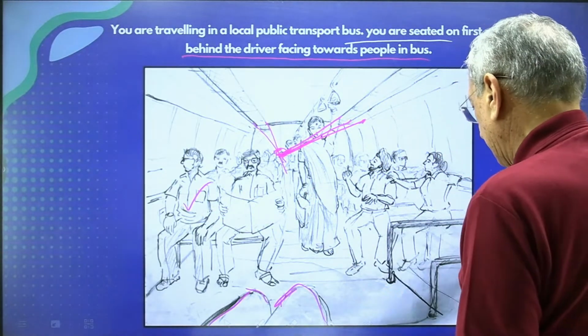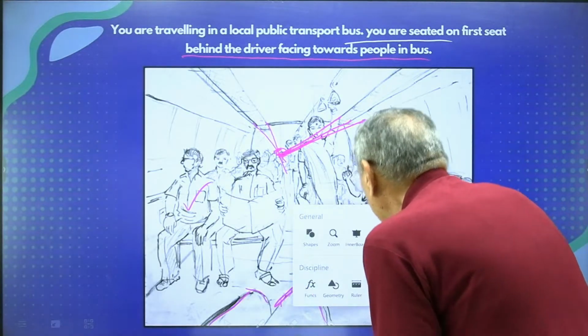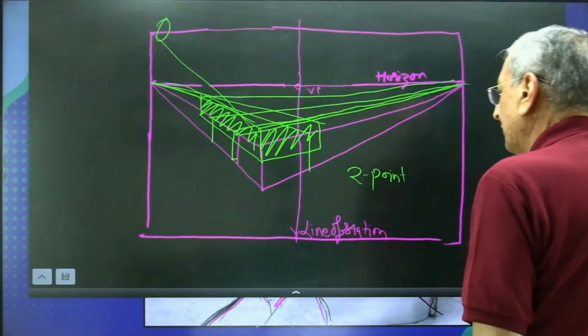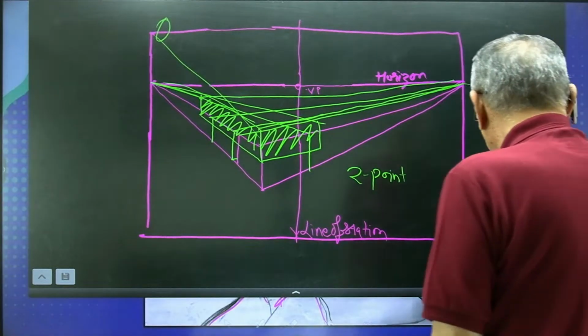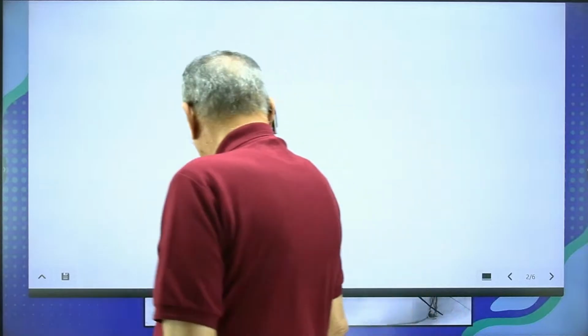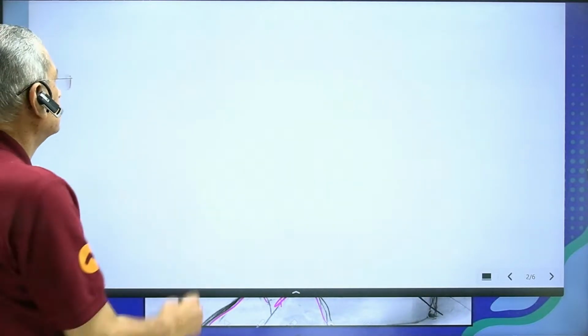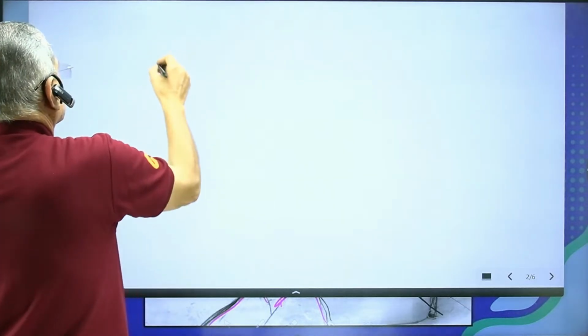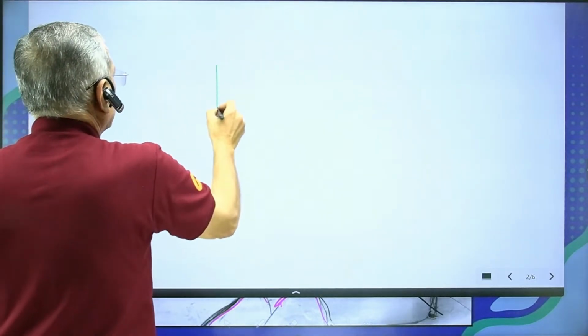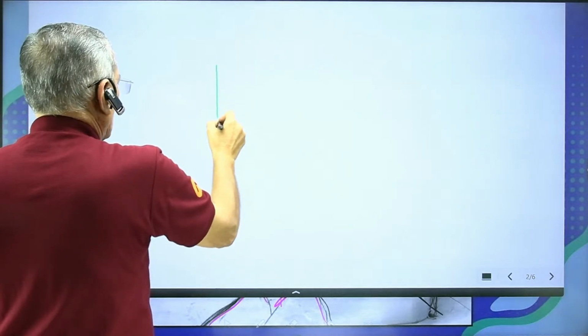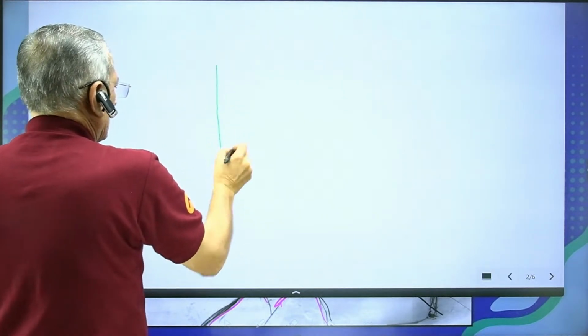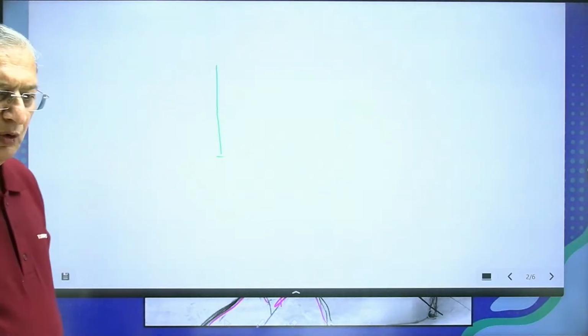Again, I take a blank screen and work it out. So we were seeing a human figure who is sitting. For that matter, one should know what is the division from head to toe, or what are the landmarks from head to toe.